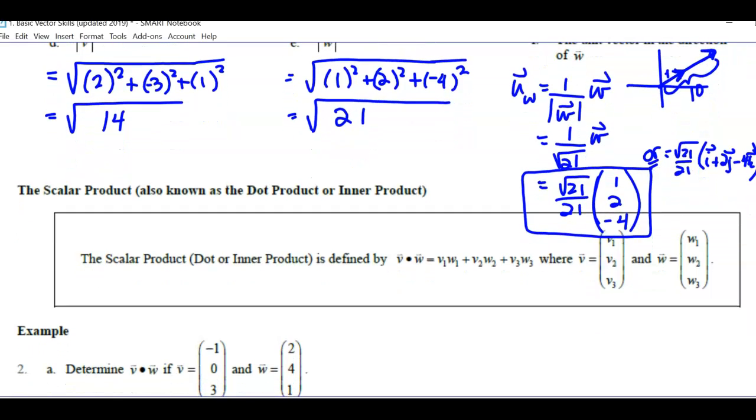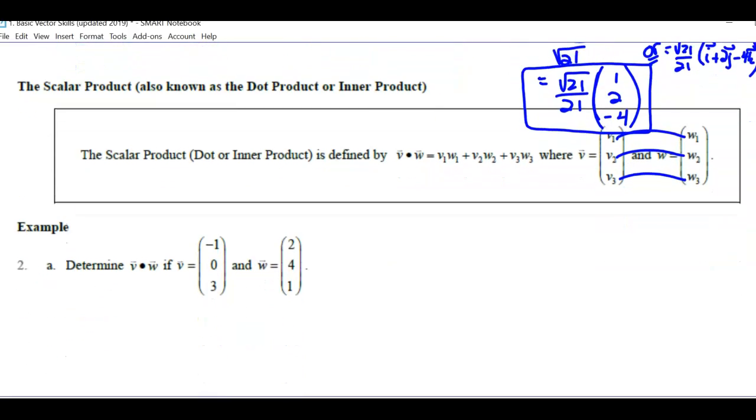And that's it. So then, the dot product. So remember the scalar product, also known as the dot product or inner product. What do we do to get to that? We multiply each component together and add them up. Okay, so V1 W1 plus V2 W2 plus V3 W3.